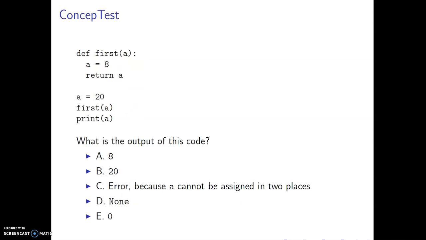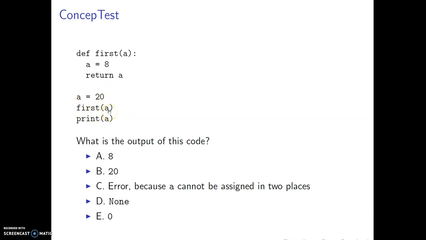Okay, so let's look at a particular function here. We have our function defined, it's called first. We have an argument a. Internally, what happens is we assign 8 to the value of a, and then we return a. Then we can define a to be 20.